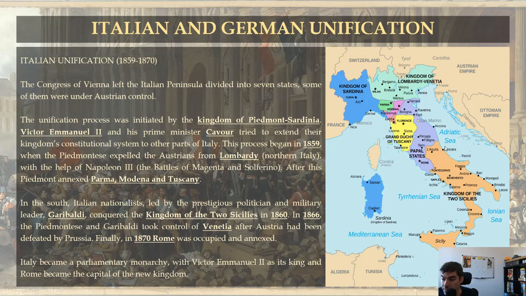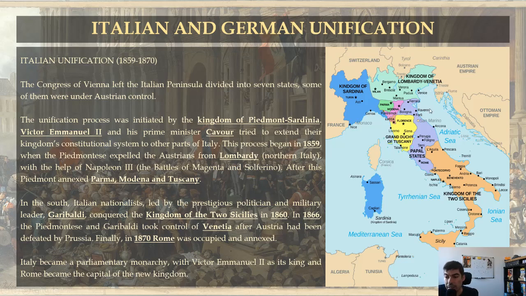After the kingdom had all of the south and the center of Italy, they aimed for the Kingdom of Venetia under Austrian control, and they got it after the Seven Weeks War that we will study when we talk about the German unification, because of their support for the Prussians. They supported the Prussians in their war against the Austrians, so they got the Kingdom of Venetia.